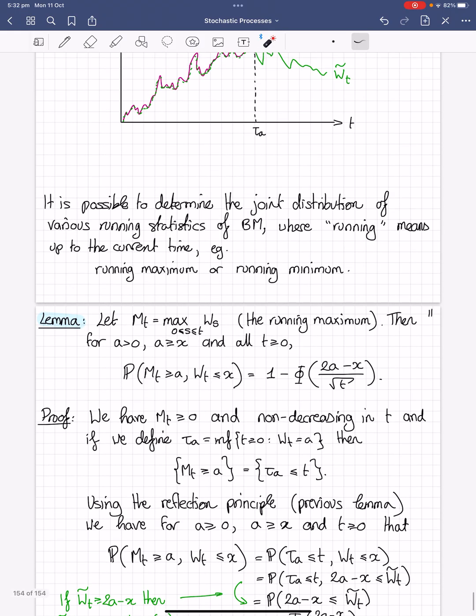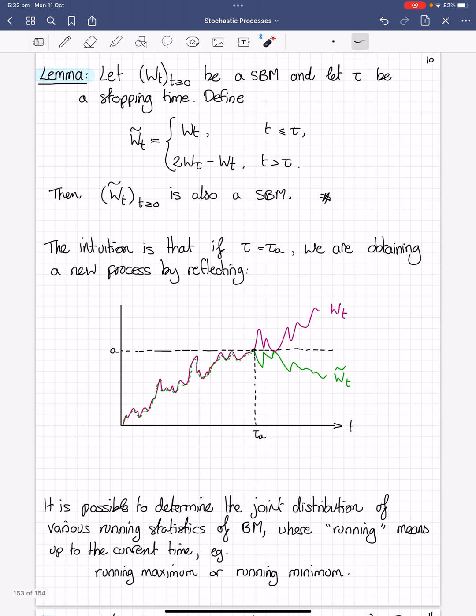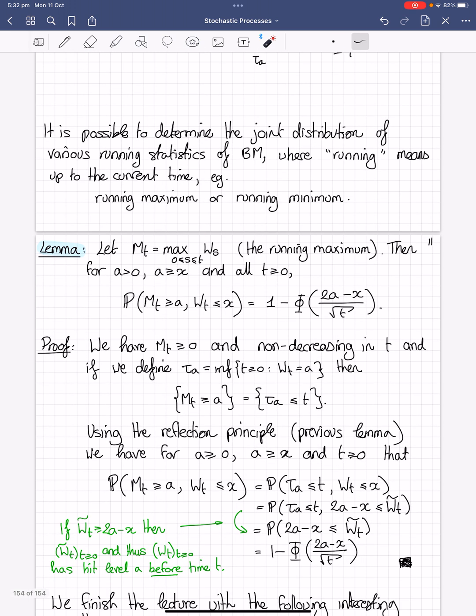Now, using the reflection principle, which is the previous lemma here, we have for a greater or equal to 0, a greater or equal to x, and t greater or equal to 0, that the joint probability of M_t greater or equal to a, W_t less than or equal to x is equal to the probability of tau_A less than or equal to t, because of this here, and then jointly with W_t less than or equal to x.